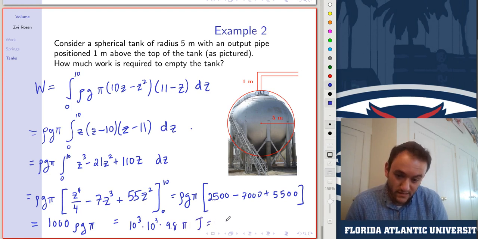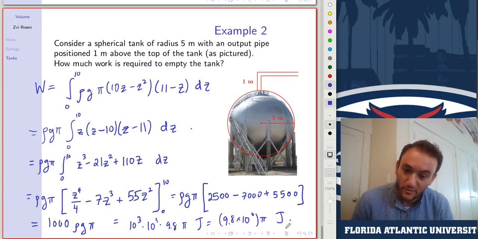So that gives us 9.8 times 10 to the 6th times pi joules. And that's the answer to this problem.